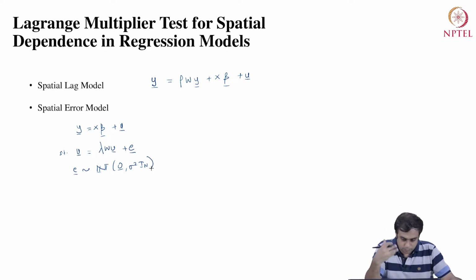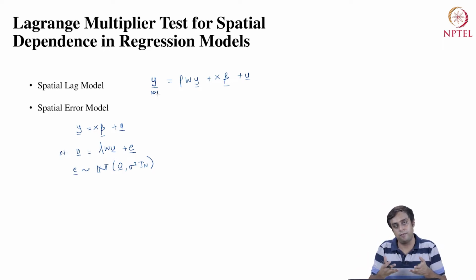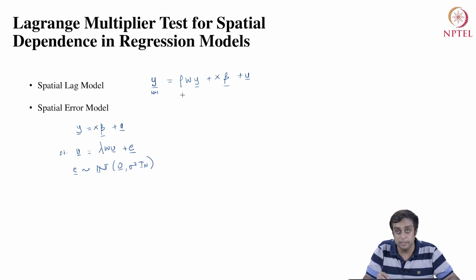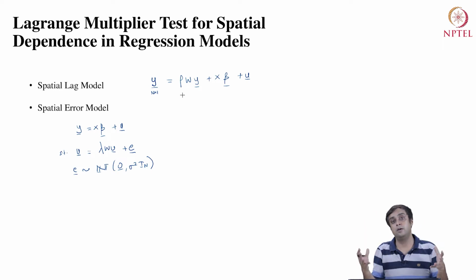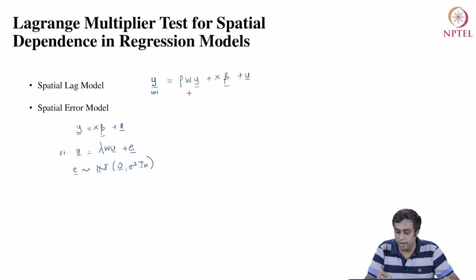Now, we can just revise this very quickly. Let's look at the spatial lag model. We have y, an n by 1 vector, which is just data delineated by space or locations. W is a weights matrix, a concise container for spatial relationships between the units of analysis.